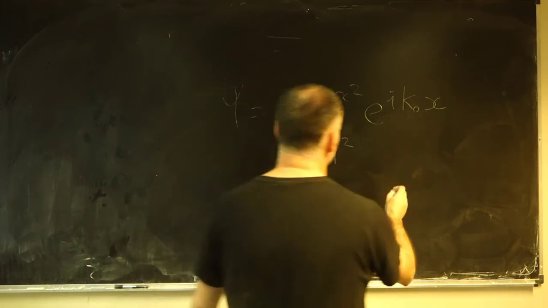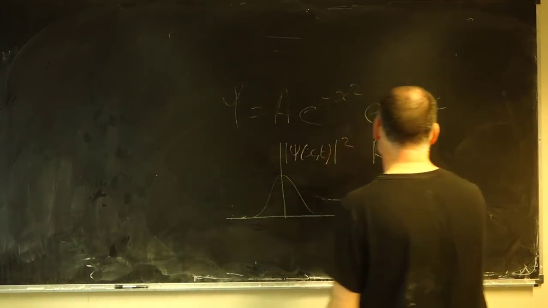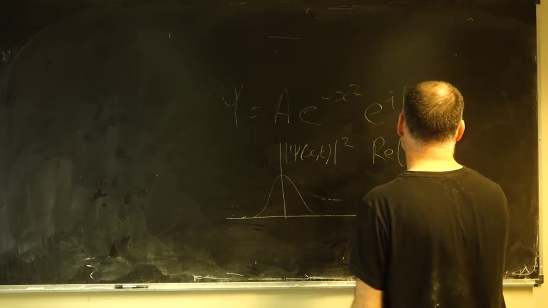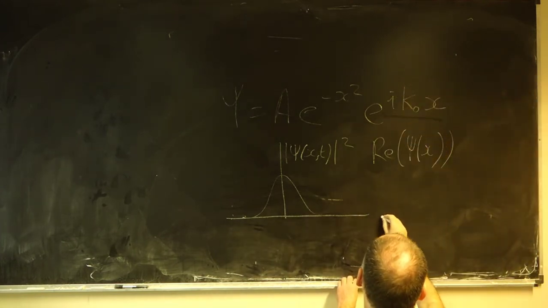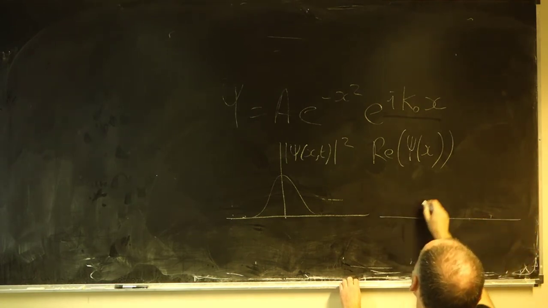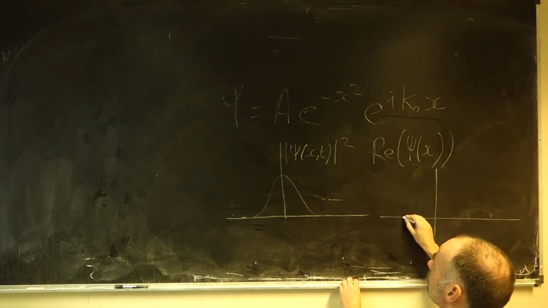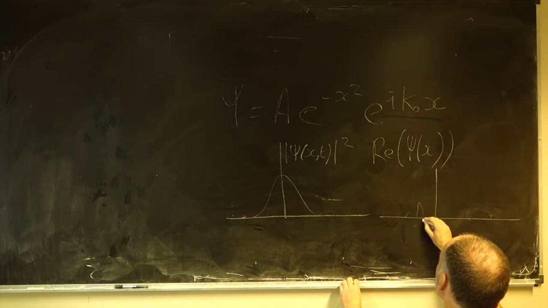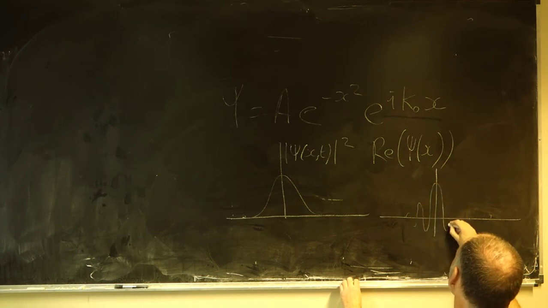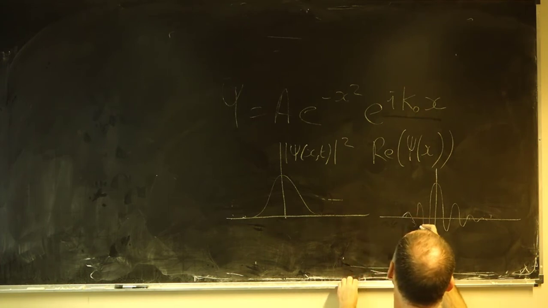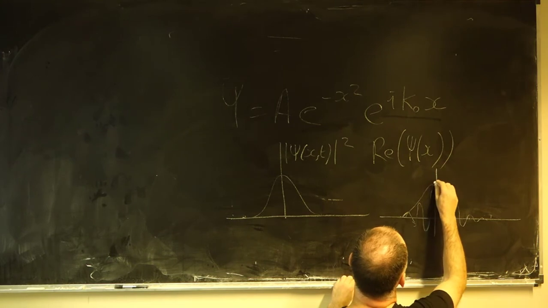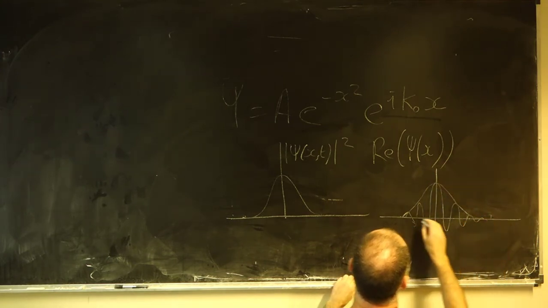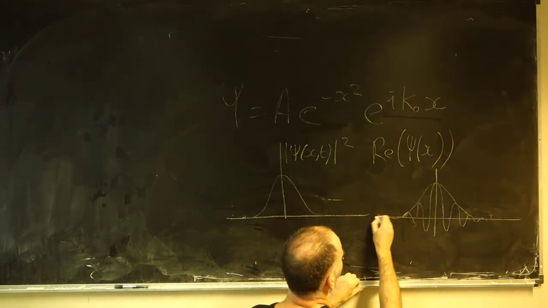But if we looked at, for example, the real part, because this is a plane wave, what we have is a Gaussian multiplied through by a plane wave. This part is giving us our Gaussian. It's meant to be a Gaussian. I hope you see that.